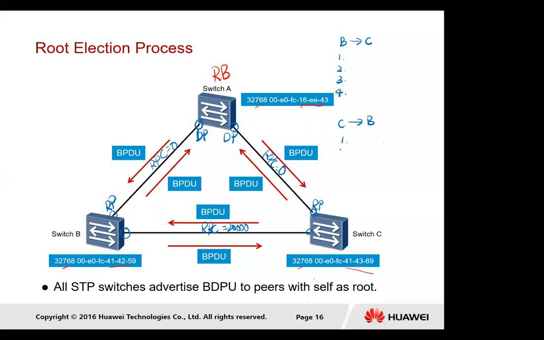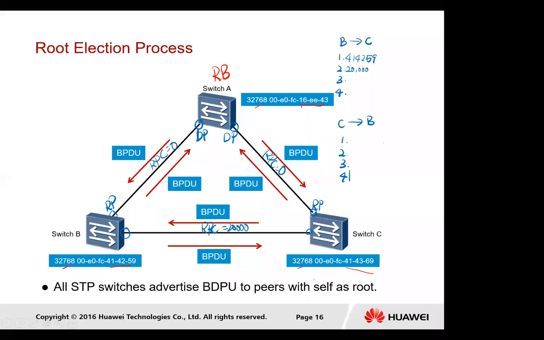C will also send to B the 4 pieces of information. So first is my root bridge ID. My root bridge ID over here is 414259. My root path cost, what's my root path cost? 20,000. My local bridge ID, sorry, my mistake.